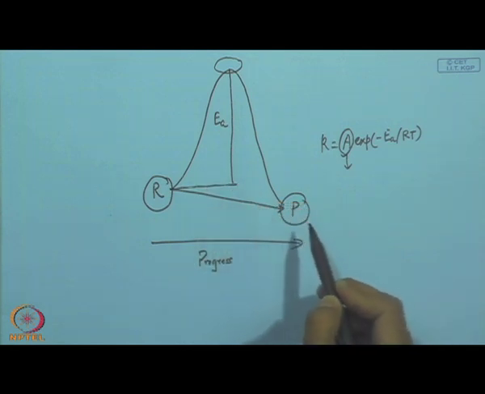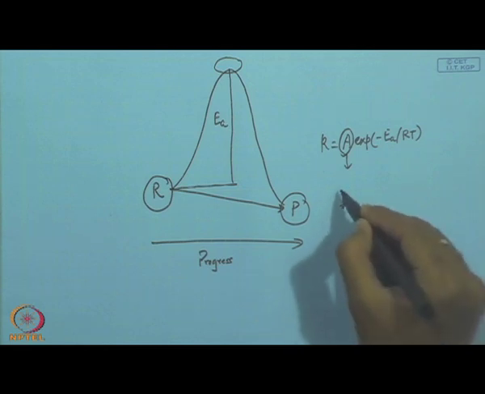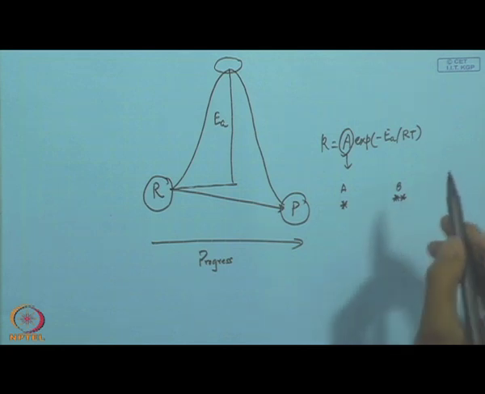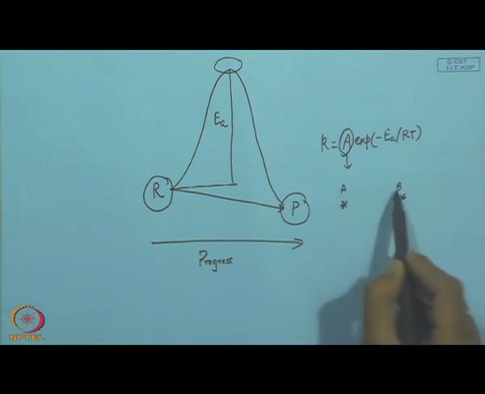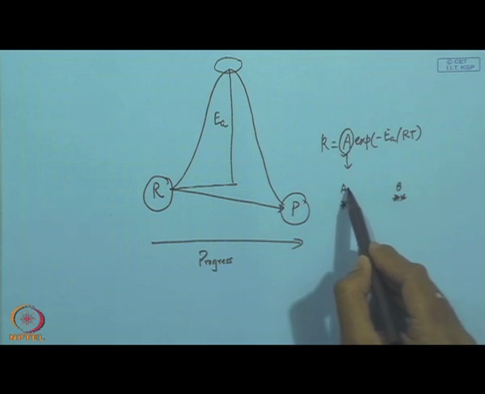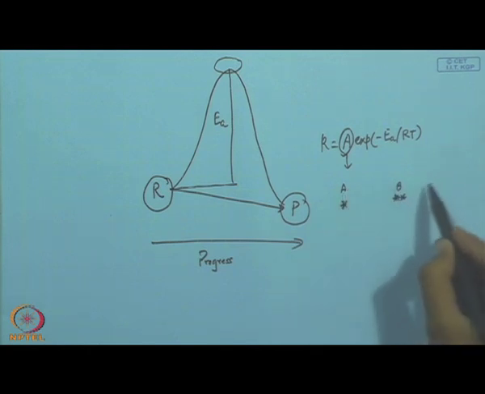According to the latest theories of reaction rates, which we will discuss later, suppose it is a homogeneous gas phase reaction, and you have reactant A and another reactant B. A and B should come close to each other, for example if an atom transfer from A to B is required to give your product.